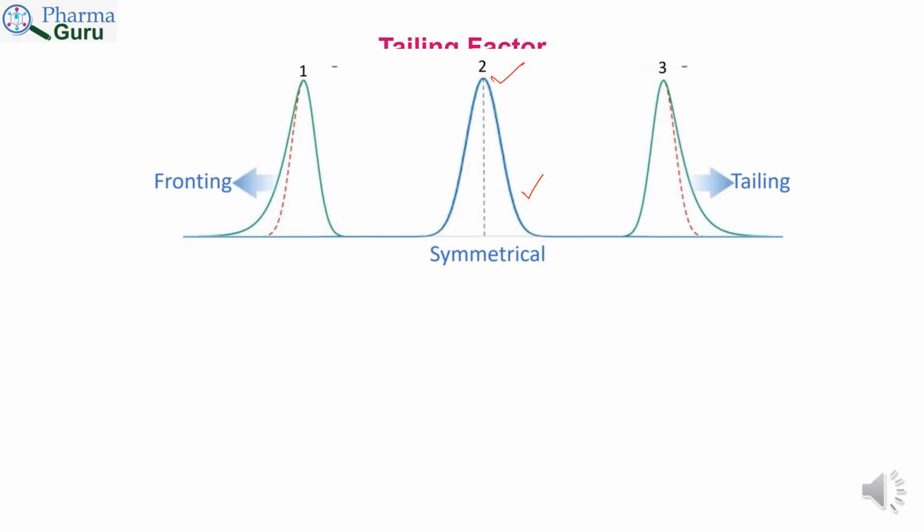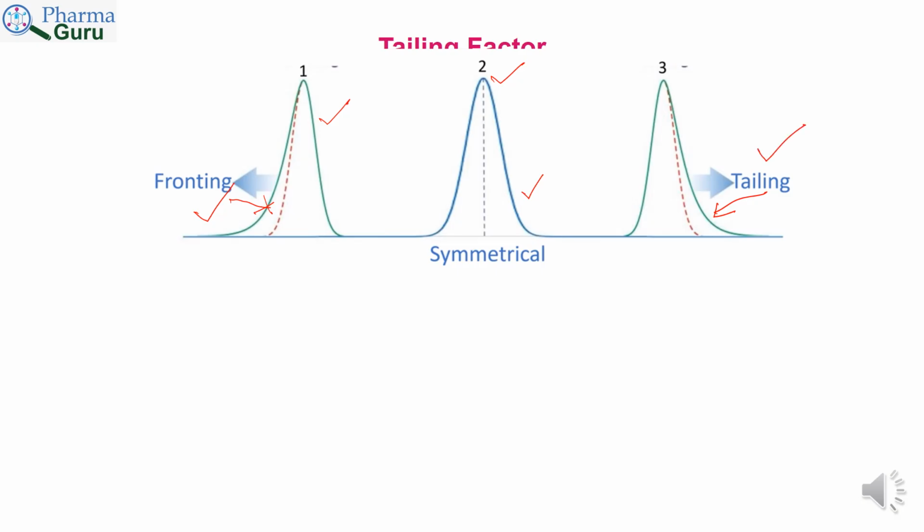Coming to peak 1, in peak 1 there is deformation at the front of the peak, and this phenomenon is called peak fronting. Coming to peak 3, there is deformation of the peak at the tail of the peak. Such a phenomenon is called peak tailing.